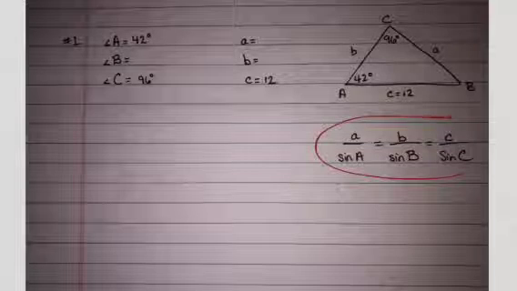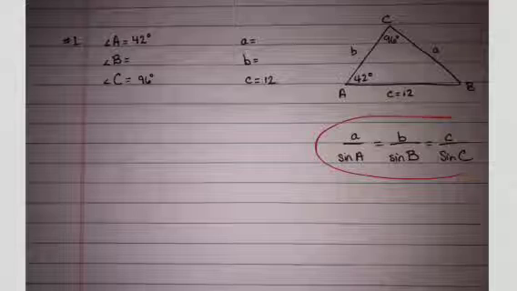Here is the law of sines, saying that there's a relationship between the side lengths and the angle measurements of any triangle. It doesn't have to be a right triangle, and all we need to know are some pieces of information. In this first one, they've given us two angles and a side, and we're trying to solve, which means find the other pieces of information.